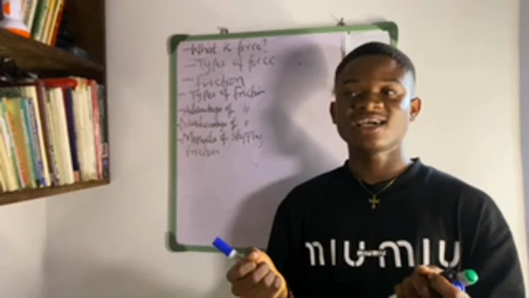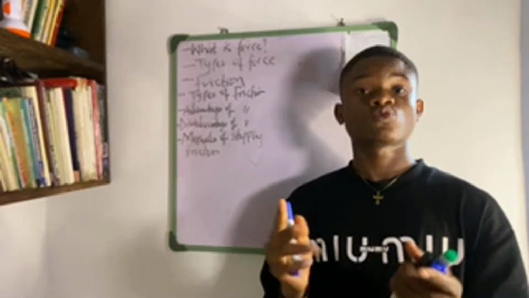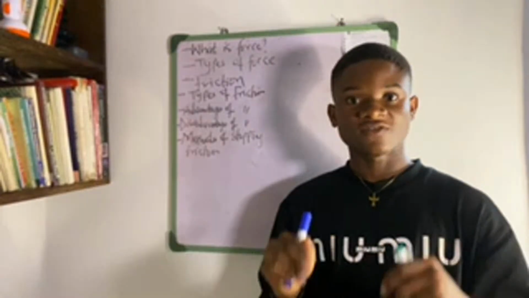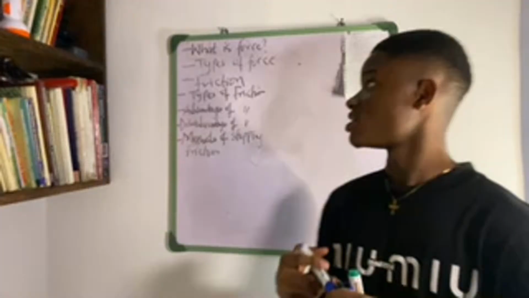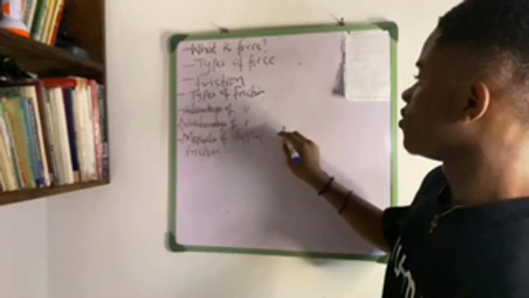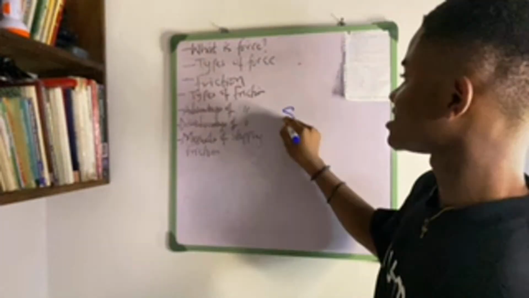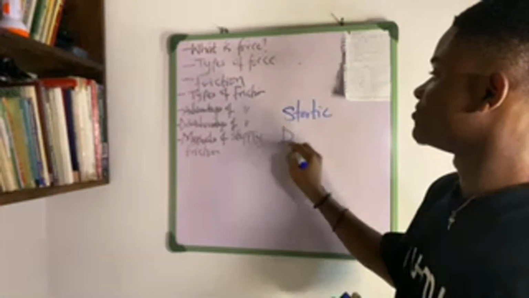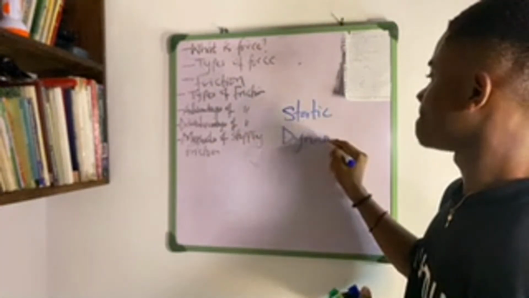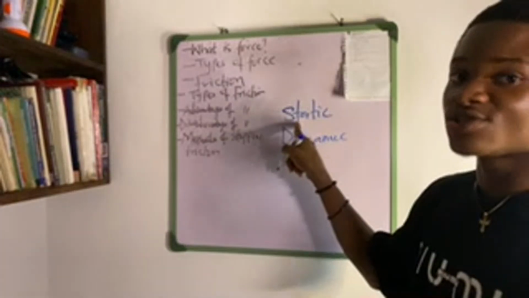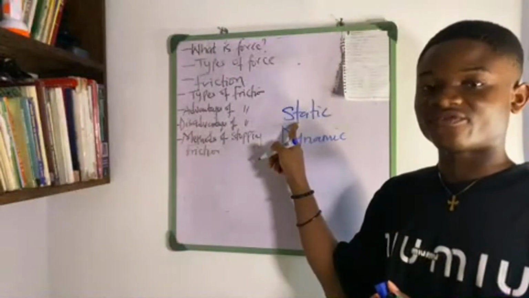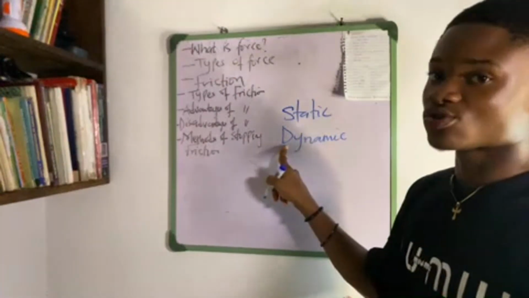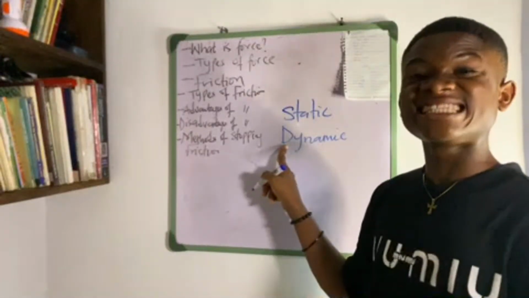That's why, for moving parts of machines, we smoothen them to reduce friction. So, types of friction: we have static friction and we have dynamic friction. Static friction is also called limiting friction. Dynamic friction is also called kinetic friction.